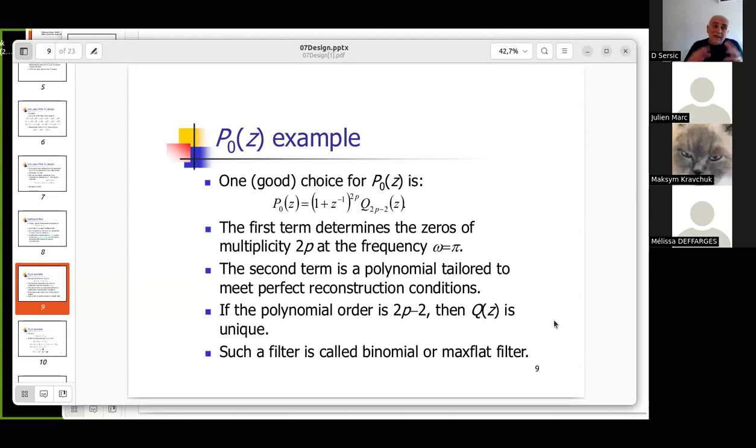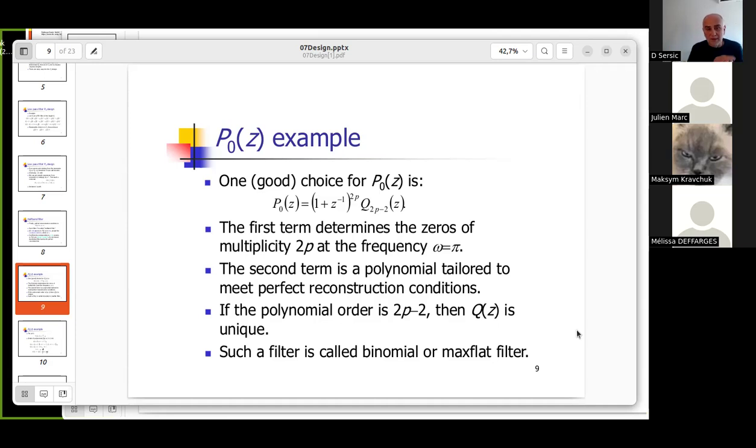The second term is a polynomial which has to be tailored to meet the non-distortion condition. We will see very soon that if the polynomial order is 2 times P minus 2, that polynomial is unique. But we will not stop there, so you can use polynomials of bigger order. In that case, you will have some freedom of design.